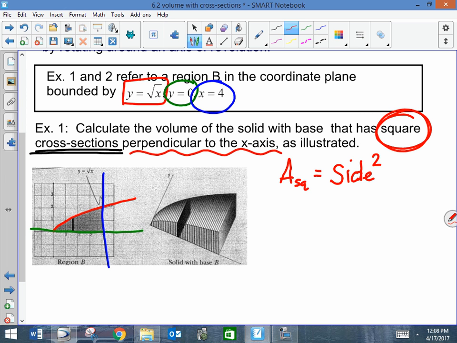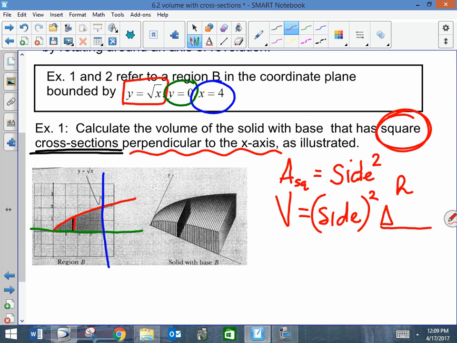Now we go from area to volume. We just add, and this is what's kind of weird too, we just add the change in whatever for the height. You just kind of have to say, okay, that doesn't make sense to me, but what is it? In this case, if they're perpendicular to the x-axis, here's one right here.